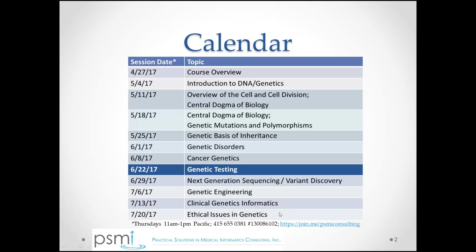Okay, so sorry we had to skip last week. We had toyed with the idea of introducing a pharmacogenomics module. I don't think we're going to work that in this cycle.